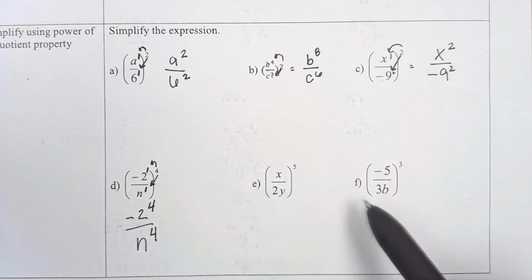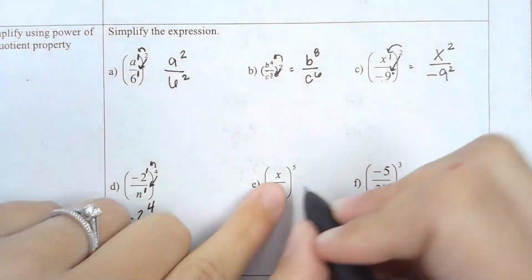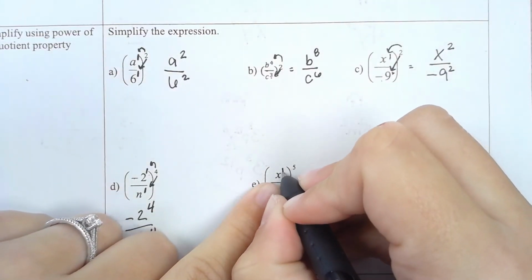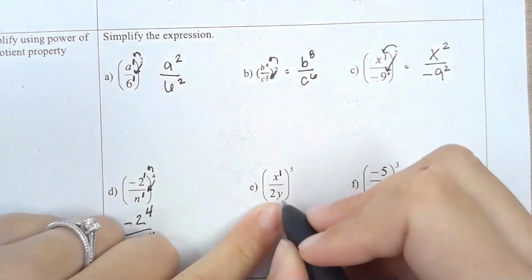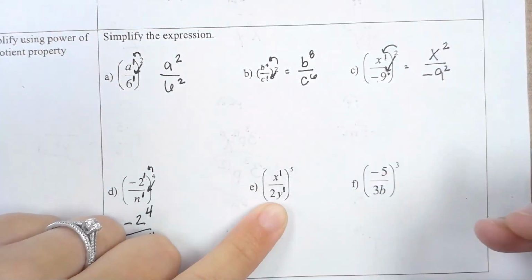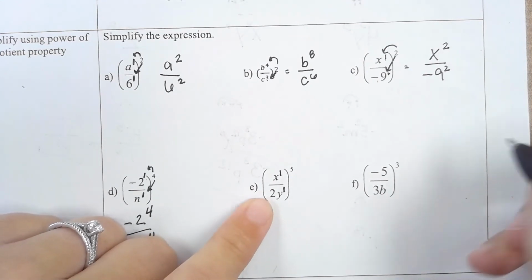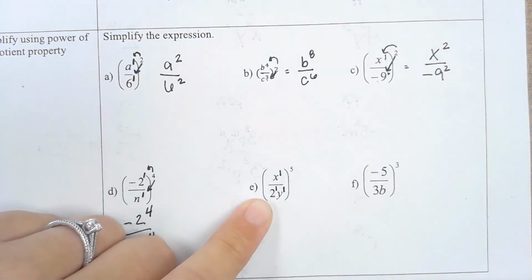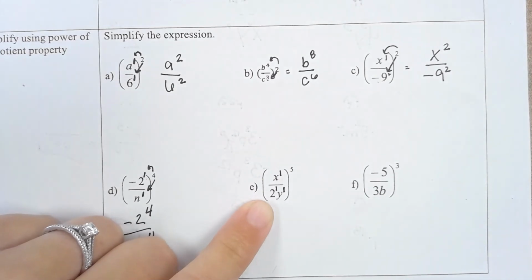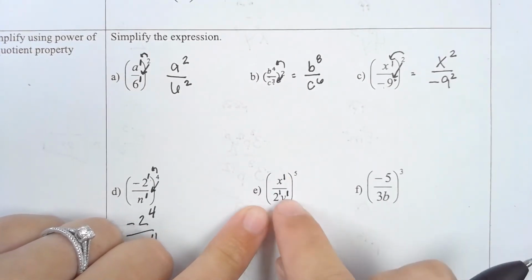All right, E and F are tricky, okay? Because again, I said that when you're taking power to a power, it goes to every single exponent in the numerator and in the denominator, okay? So like x doesn't have an exponent, so I'm going to put a 1. y doesn't have an exponent, so I'm going to put a 1. Don't forget about the coefficients. Coefficients technically have exponents as well, okay? So that's why I'm telling you guys to put all the 1s here.